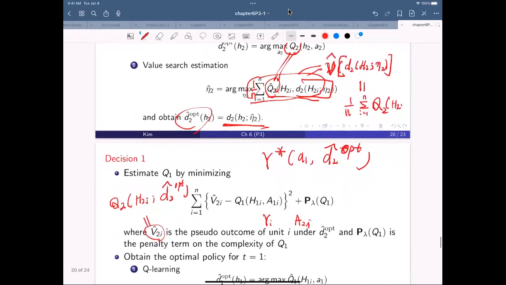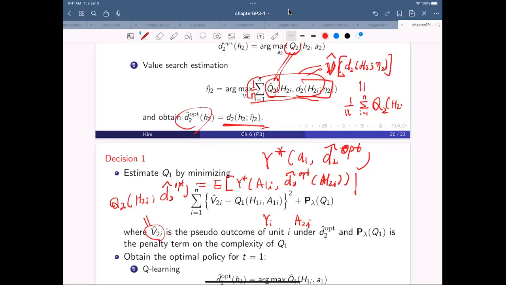This is one possible way, which is basically the conditional expectation of Y star given A1 and T2 hat opt, basically H1, H2i.